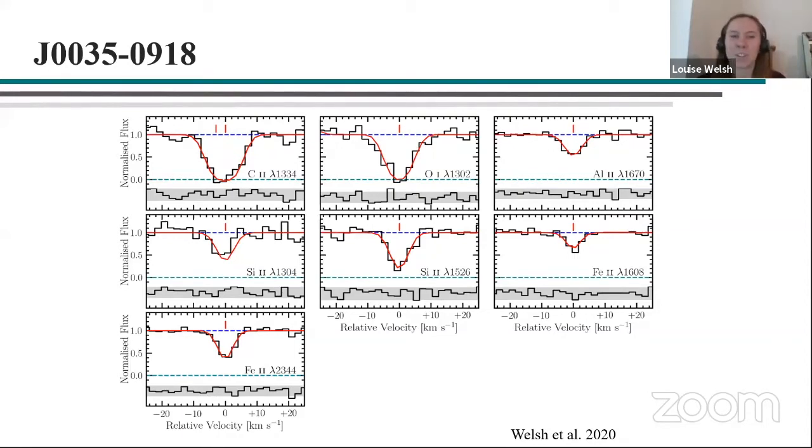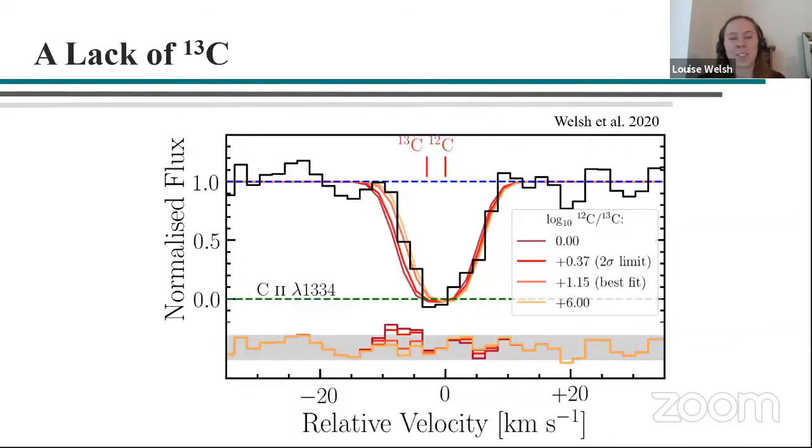So here I'm just showing you the absorption features due to some of the metals in this gas cloud. But if we focus on this carbon-2 line, our analysis suggests a distinctive lack of carbon-13. So here I'm showing the ESPRESSO data overplotted with different model profiles for different carbon-12 isotope ratios.